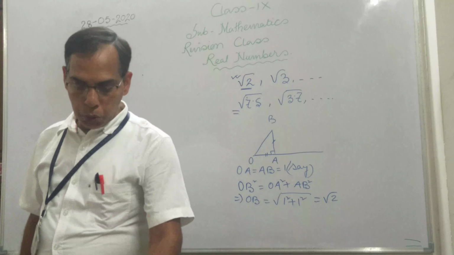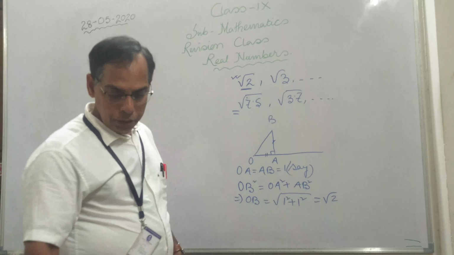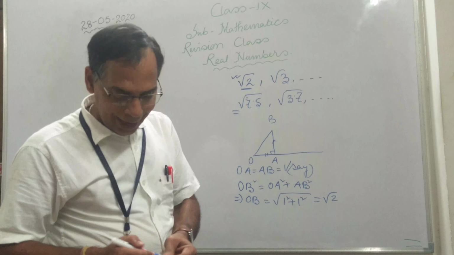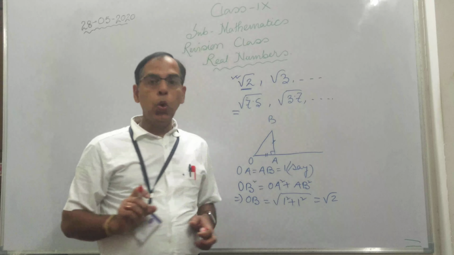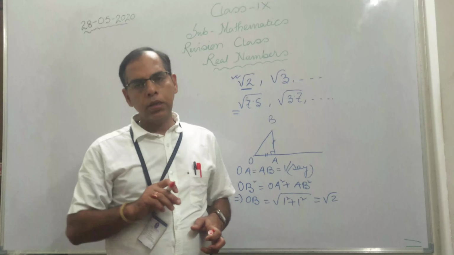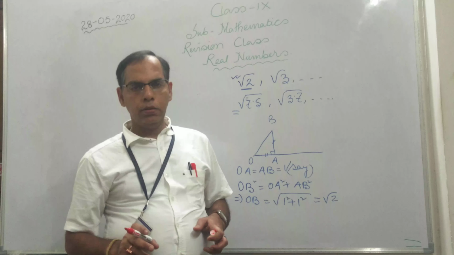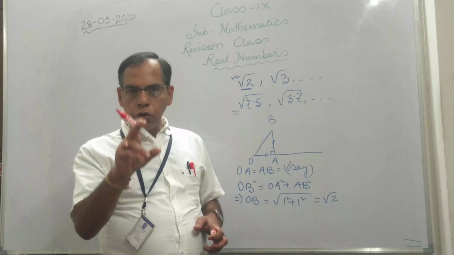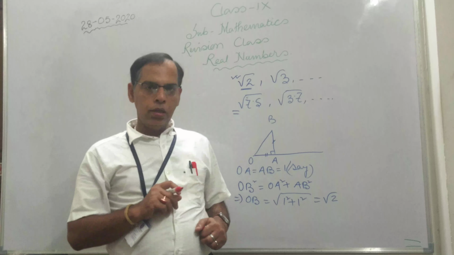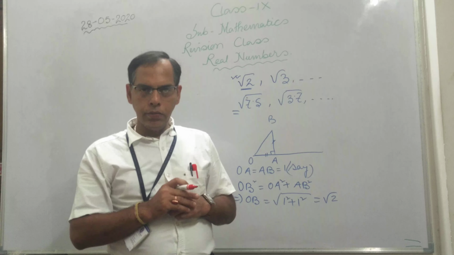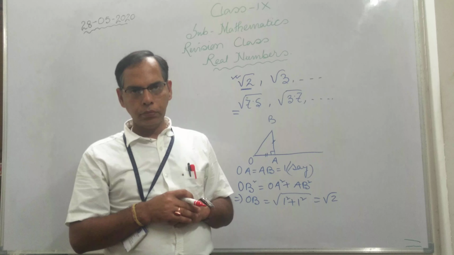Then what you have to do? Then you have to take the length OB as your radius and draw the circle. Take your compass, take O as center and OB as radius, and draw the circle.